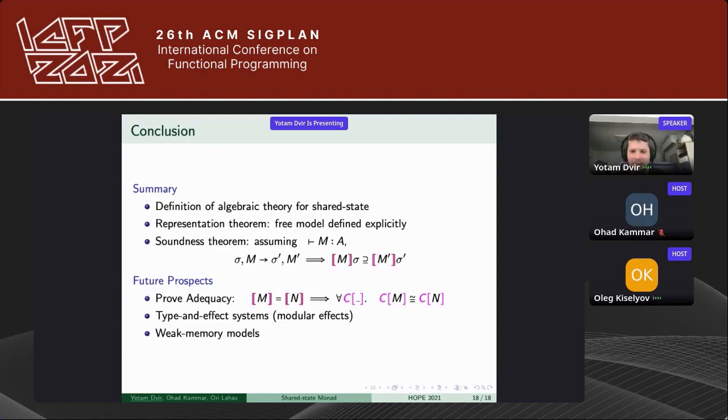Maybe one comment, not a question, about adequacy. Of course, there is some uneasiness about adequacy, in that you need operational semantics. So now you need to have not only denotational semantics but also operational semantics. Oh, excuse me, I didn't actually include it in the slide, but we do have operational semantics. The soundness theorem is in terms of the operational semantics. They're just the usual sequential concurrency semantics.